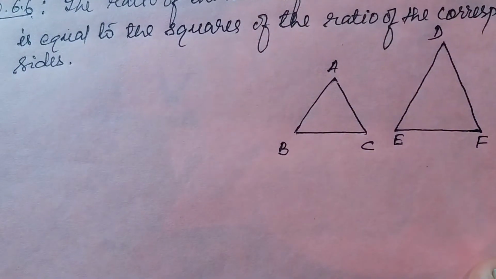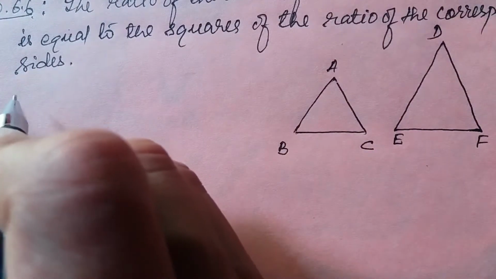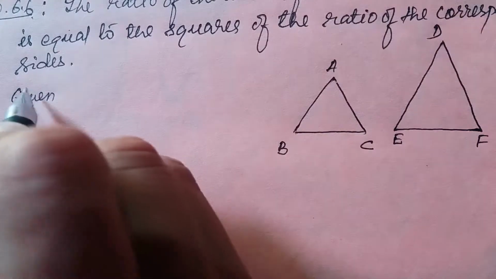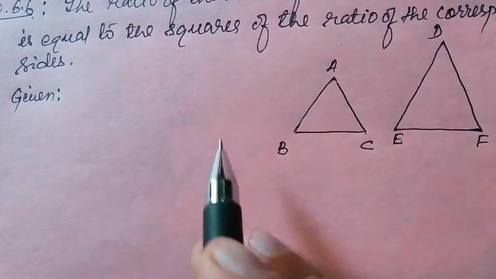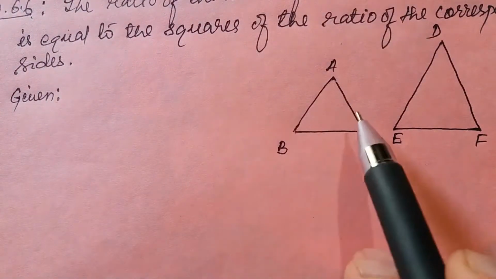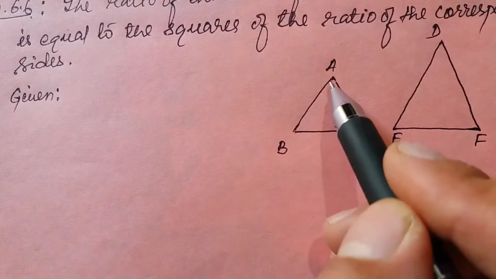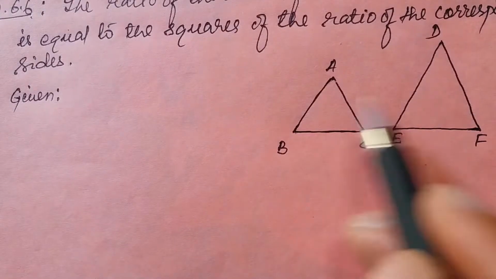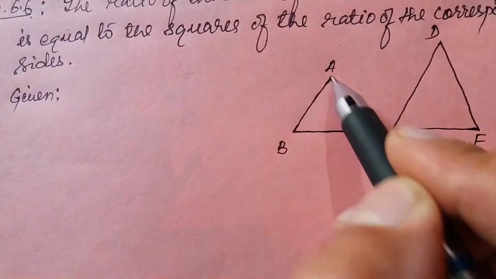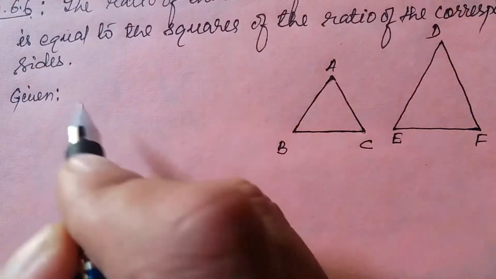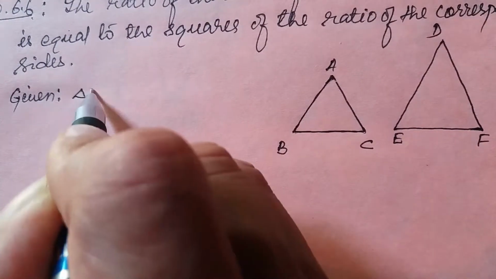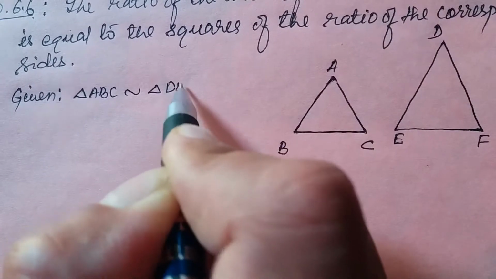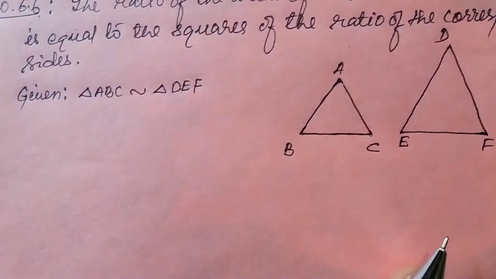Now let's write the given. We have two similar triangles here. We don't need to prove that these two triangles are similar; they are already similar. So here we will say triangle ABC is similar to triangle DEF. This is what is given in the statement.